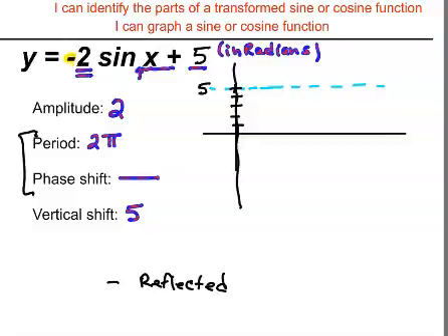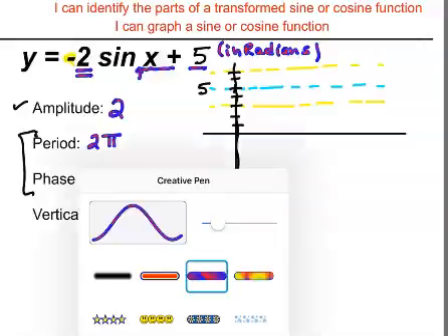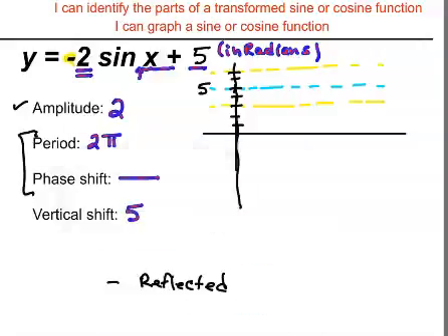Because we have an amplitude of 2 from the middle, it's going to go up 2 from there and down 2 from there. So it's going to go up to 7 and down to 3. That's the only thing that's different as far as the limits of the graph. No matter if it's reflected or not, we better put our radians on here, 2 pi, because this is a normal period.